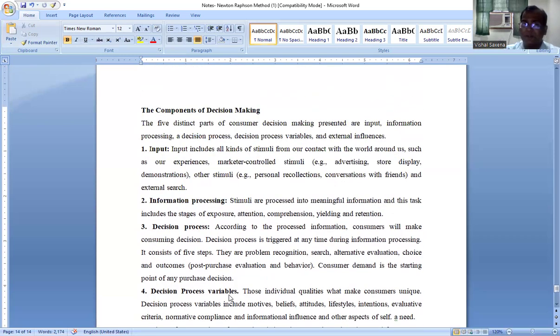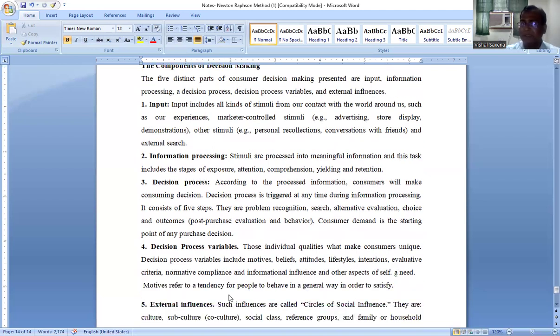So these are the five components of decision making: first the input, then second, information processing for a decision maker, and third, the decision process. Fourth is decision process variables, because in a problem of operations research, first we have to understand the problem.